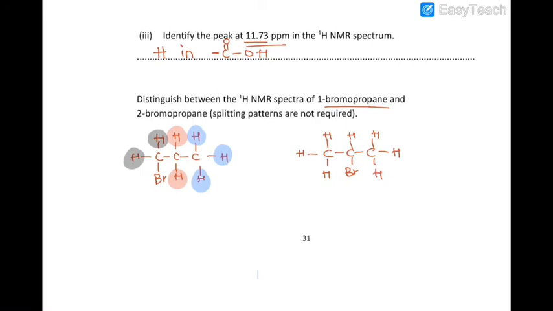Here you have two different CH3 groups, one CH3 on this side and one CH3 on this side. But this CH3 and this CH3 are both bonded to CH2Br, which means these two CH3s are going to be in the same environment. And then you have one hydrogen here, which is in a different environment.